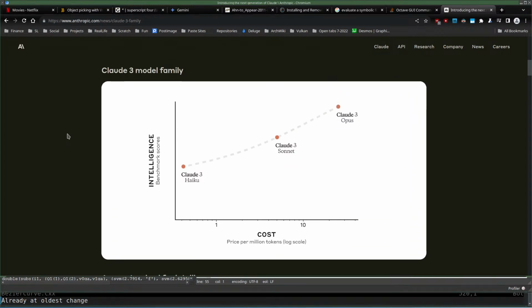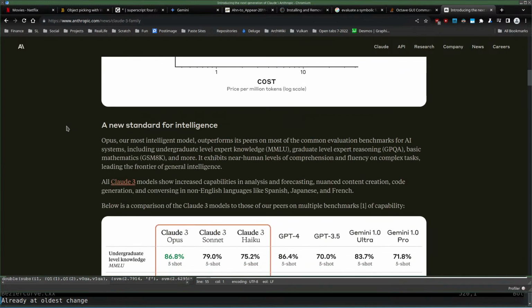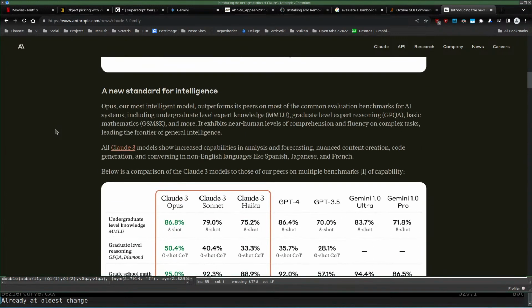You have a lot of Claude 3s. Was that a cost to teach it? Train it?